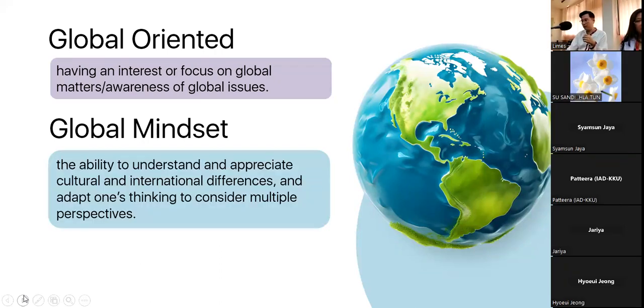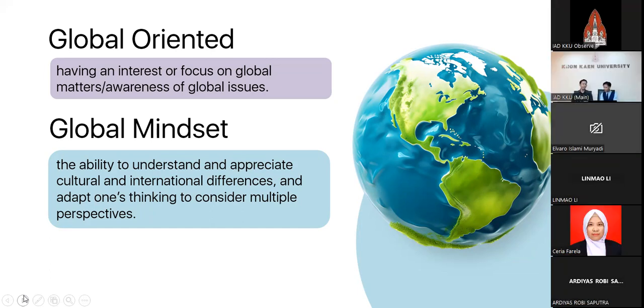So basically, global mindset is more than awareness of global issues, it's the ability to understand and appreciate cultural and international differences. For example, we are here in Thailand, and we need to understand and appreciate the culture here as well, right? And adapt one's thinking to consider multiple perspectives. So people here like Pifa is from Thailand and I'm from Indonesia, so I think we have different ways of thinking.